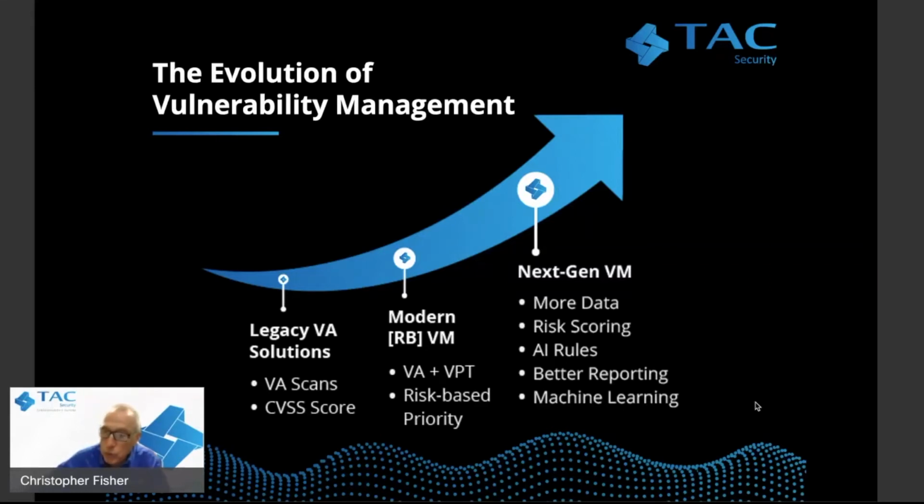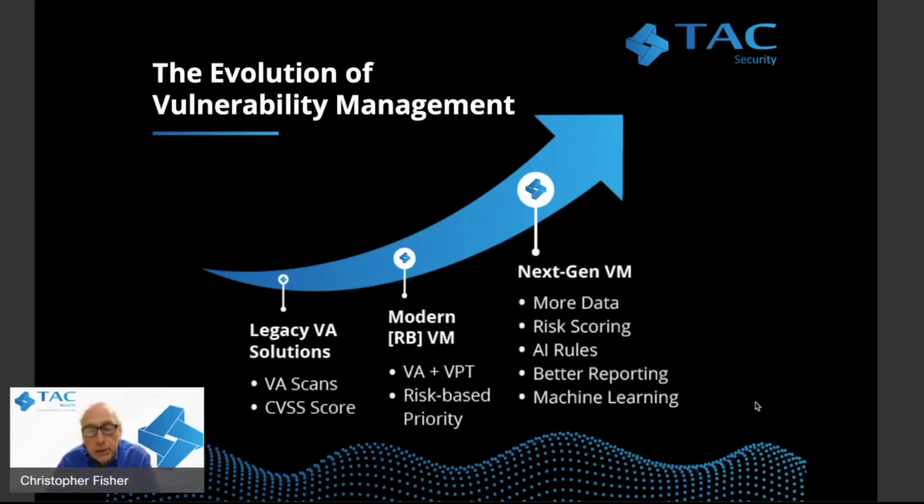And what we're seeing is that vendors have been either adding these capabilities into the traditional solutions, or they are combining them with a solution that offers just vulnerability prioritization to give you some kind of a risk-based view of your vulnerabilities.